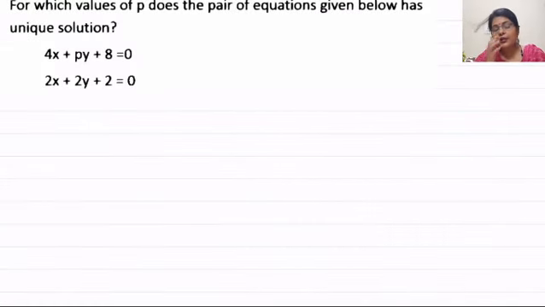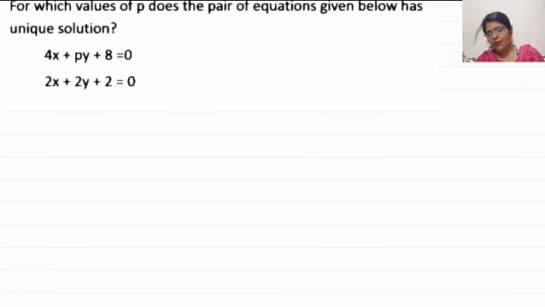Our next question is, for which value of p does the pair of equations given below have a unique solution? Now you all know the condition for a unique solution. The condition for a unique solution is a1 upon a2 is not equal to b1 upon b2.